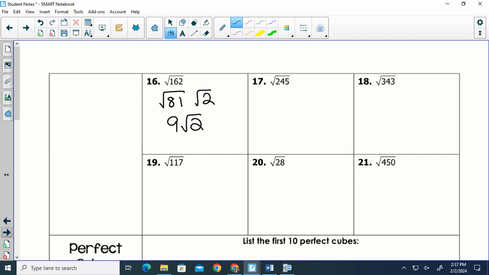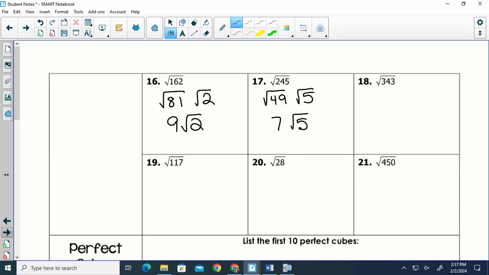Okay, 245. So start dividing. Tell me when you find something. 49. What did you say? 49. And what? 5. So, we still have a square root of 5. All right, one last problem for today.